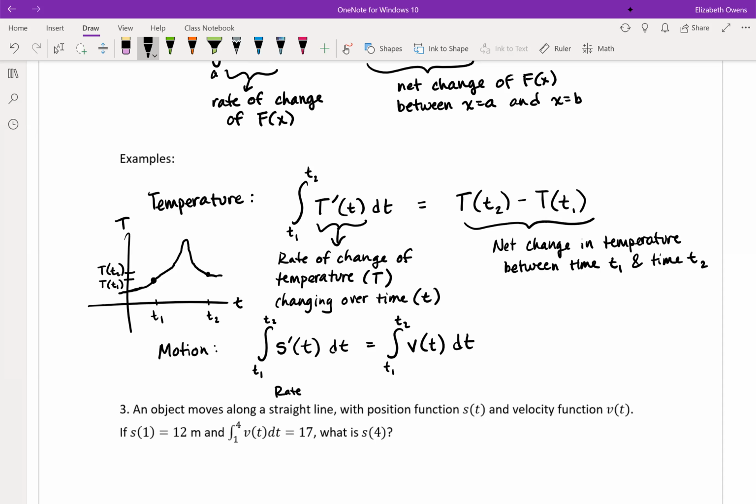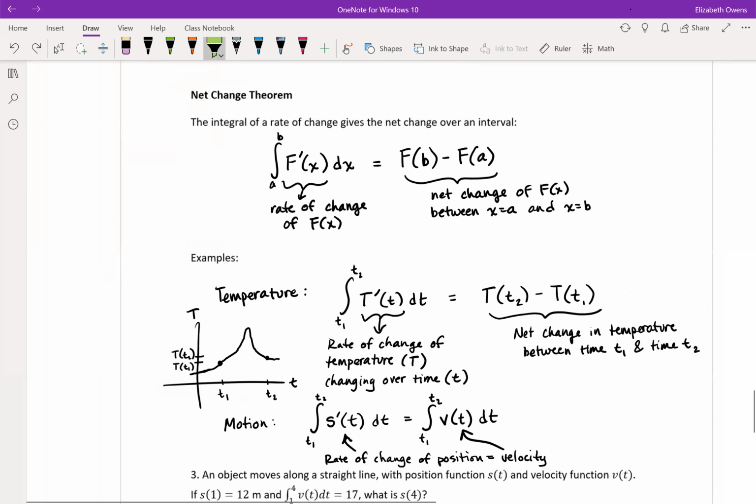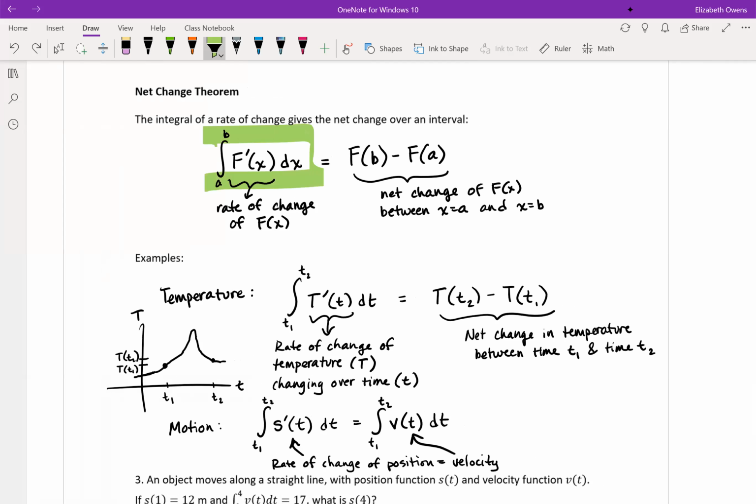So rate of change of position equals velocity. Okay, rate of change of position equals velocity. But if we look at this in the sense of integrating the derivative of position, that looks like our net change theorem statement here for the position function.